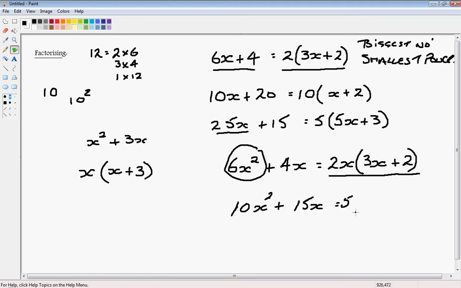My lowest power of the x's is x, so that comes out, and then I open the bracket. Now 5 times 2 will give me 10, and x times x will give me x squared.